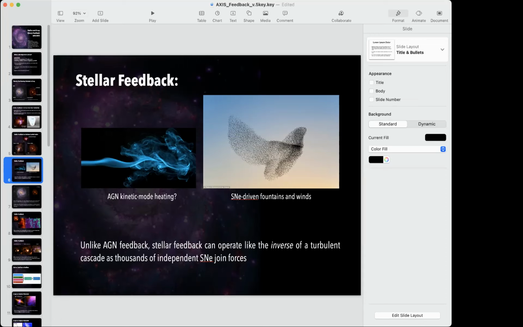However, stellar feedback is like a flock of birds creating a big bird. So the right figure is an actual photo of a flock of birds that you can Google and find over the internet. The transfer of energy or turbulence happens from the small scales of motion to the large scales of motion.